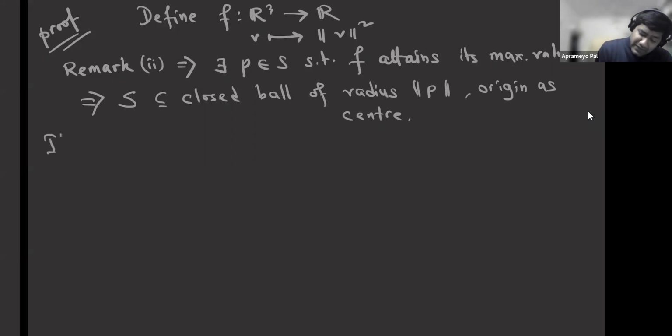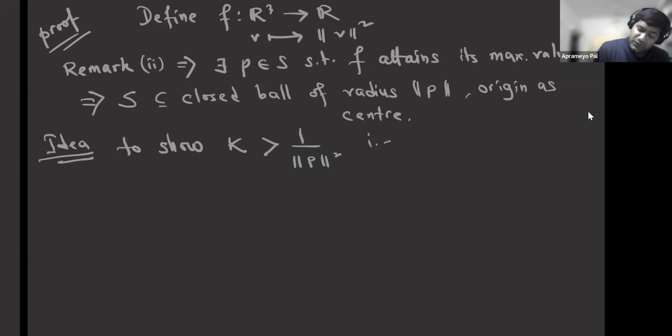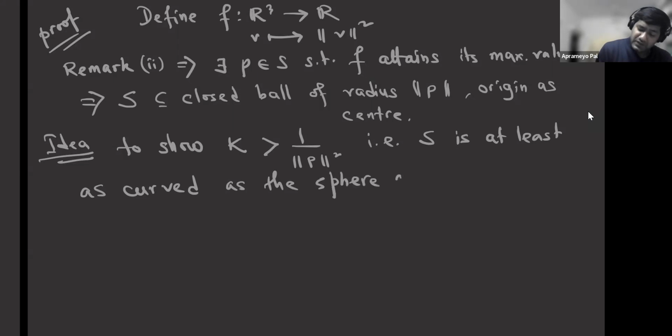So the idea is actually to show that the Gaussian curvature K at this point P is greater than or equal to 1 over |P| squared. So in other words, S is at least as curved as the sphere at P. Okay.